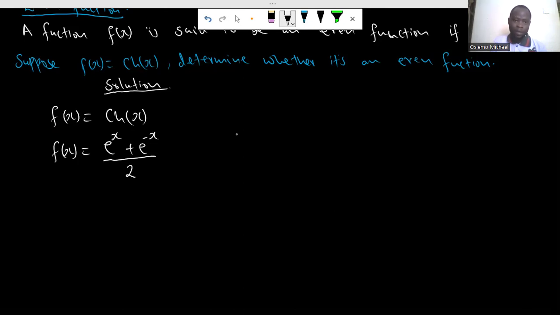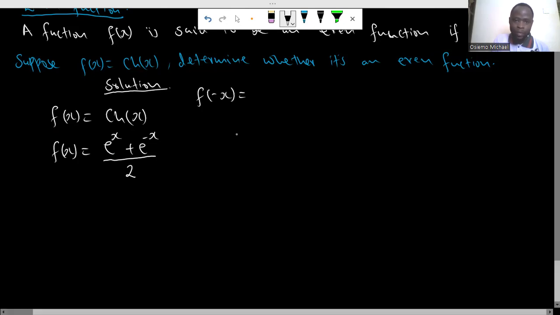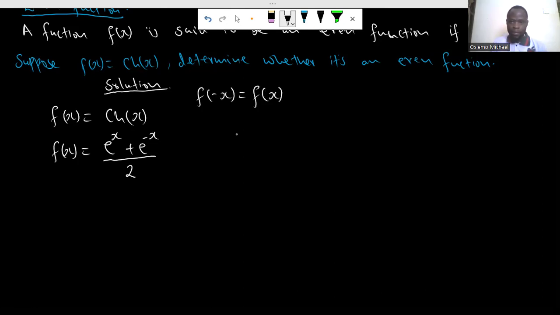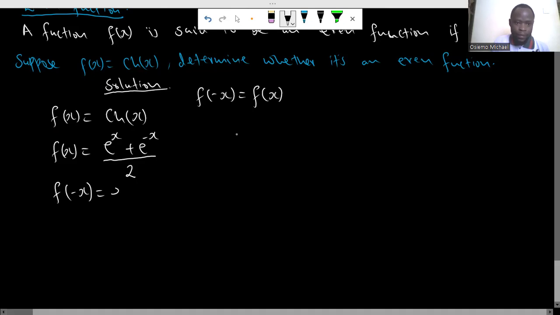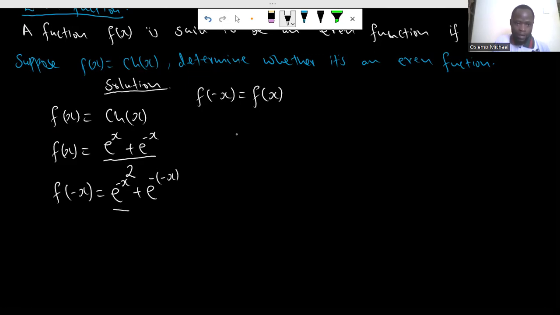So for the question, we have to show that f of negative x is equal to f of x. And now this one tells us what? F at negative x will be equal to what? If you evaluate this function at negative x, then whenever there is an x in the function, you're going to substitute with negative x so that you have exponential negative x plus exponential negative into bracket negative x, and this is over 2.